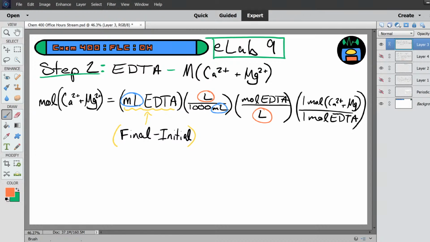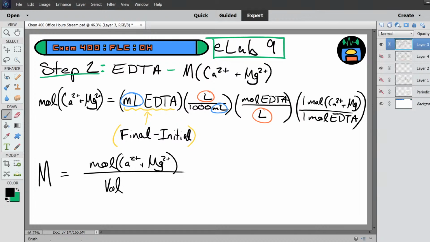To get the molarity, you take the moles of calcium and magnesium, which you just calculated, and you divide it by the volume of hard water in liters.